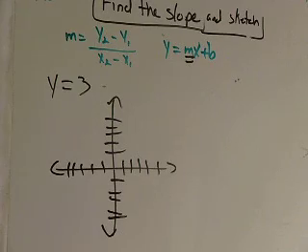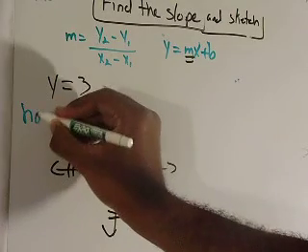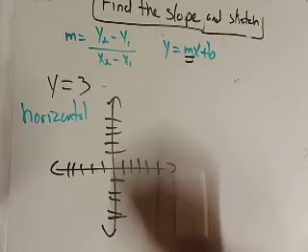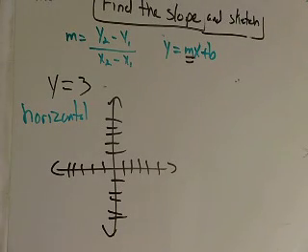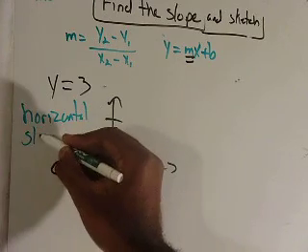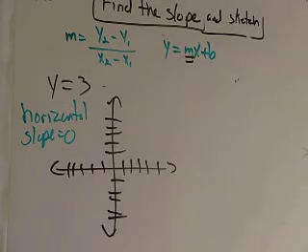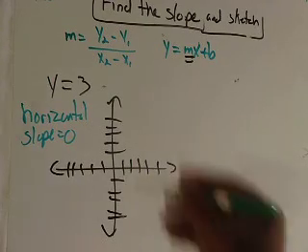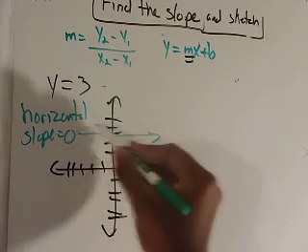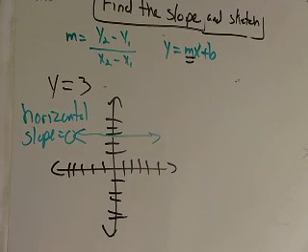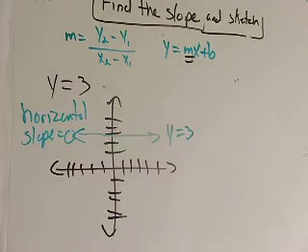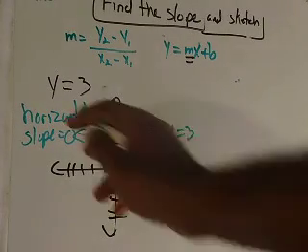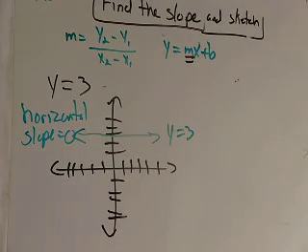So anytime you have y equals, that's going to be a horizontal line, and your slope is going to be 0. Why is your slope 0? Because you have no rise. So y equals 3 would be a line that looks like this. It's a horizontal line going through the point 0, 3. Why? Because the y value never changes.